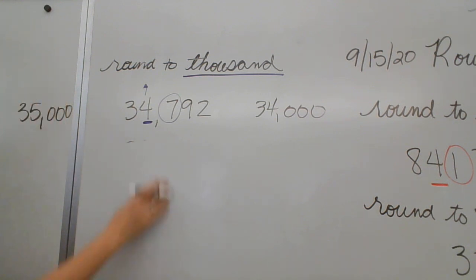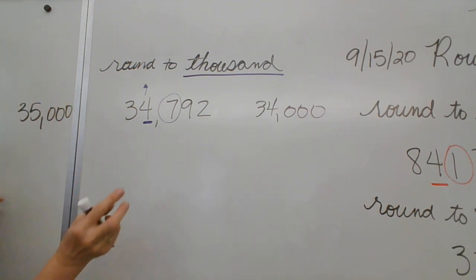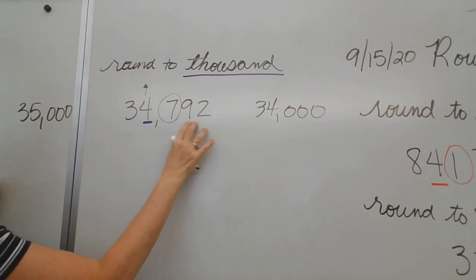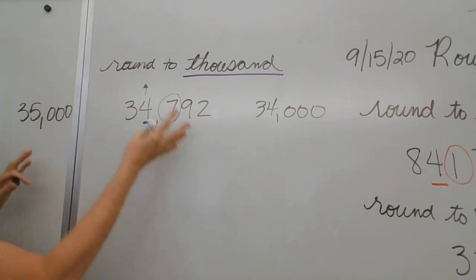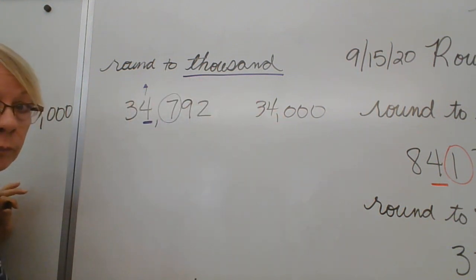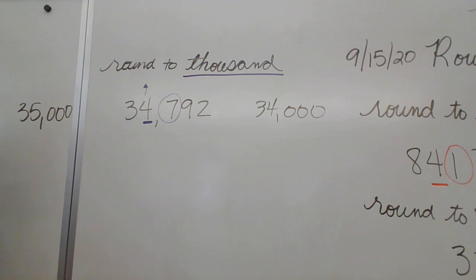Sorry for the cough. The smoke is getting to me. 34,700, this is almost 34,800, which is a whole lot closer to 35,000 than to 34,000. So that's how you do rounding.